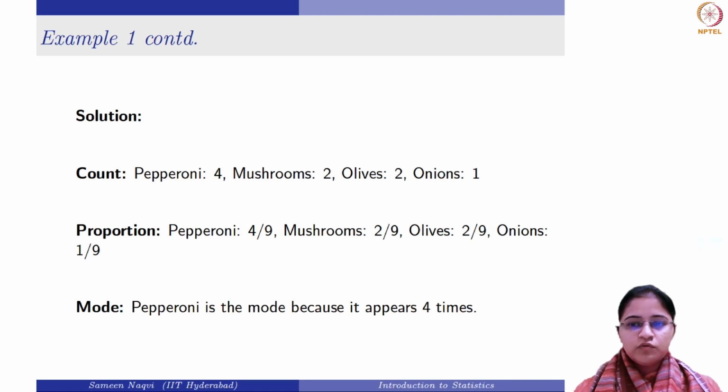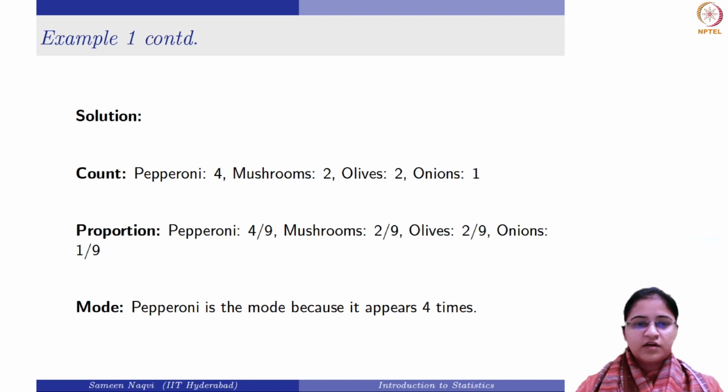Okay. So whenever you have collected a categorical data set and you have to summarize it, remember that you can use either of these. You cannot use others like mean or median. They won't make any sense over here.